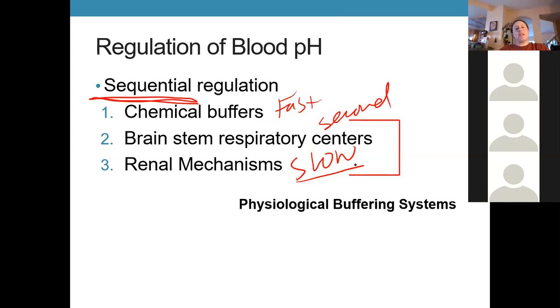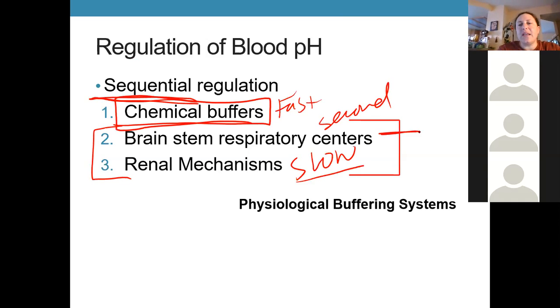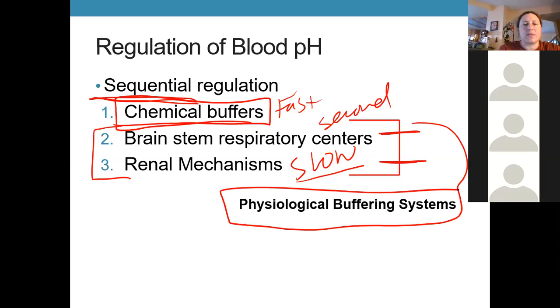There's these 3 different systems we have in place to regulate the pH. We talk about it as mostly our blood, but technically it's all of our body fluids. So we have chemical buffers, and then these 2 things, which are basically how we can breathe and change our pH and how our kidneys can affect it, these are called the physiological buffering systems.